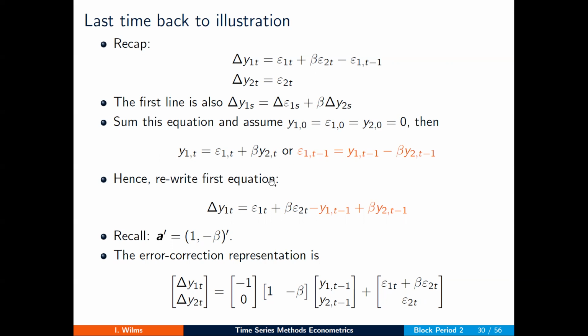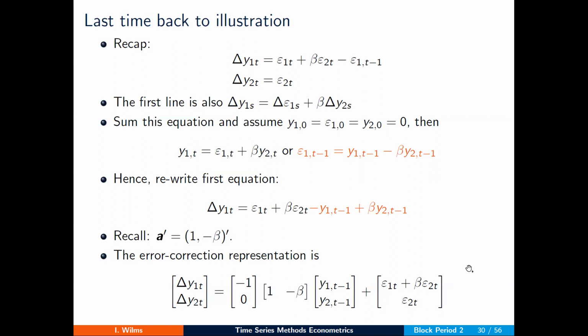Okay, so I managed to express the difference of y1 in terms of lagged values of y1 and y2, as they pop up as predictors in the error correcting representation. Okay, so in the last step, I need to plug in my co-integrating vector, as well as the parameter matrix in front of the lagged y's to arrive then at this final expression.